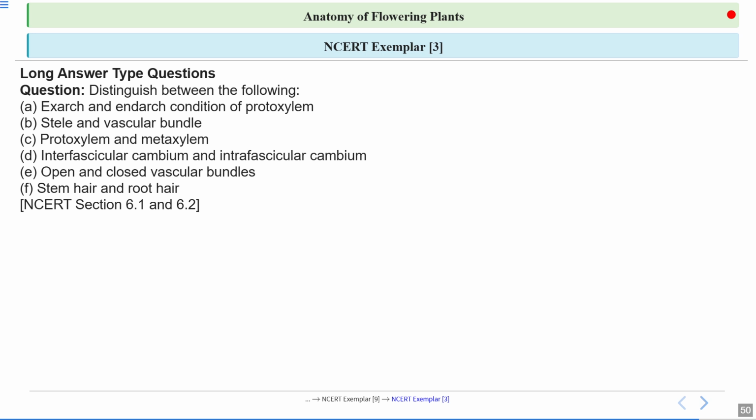Okay, so last question. Distinguish between the following: exarch and endarch condition of the protoxylem, stele and vascular bundle, protoxylem and metaxylem, intrafascicular cambium and interfascicular cambium, open and closed vascular bundles, stem hair and root hair. Let us see the answer. This is a long question.